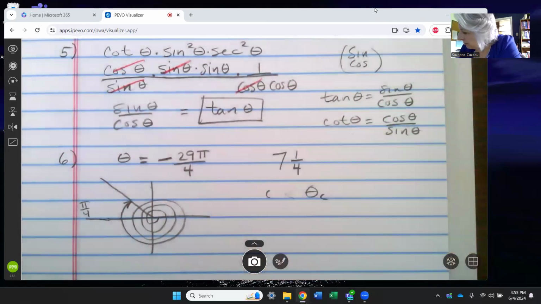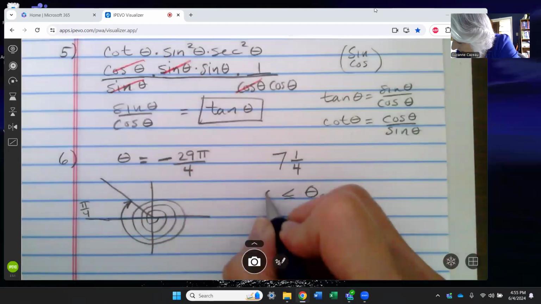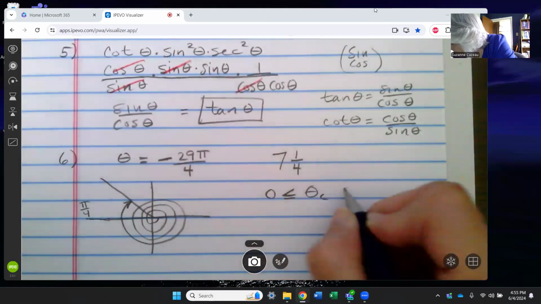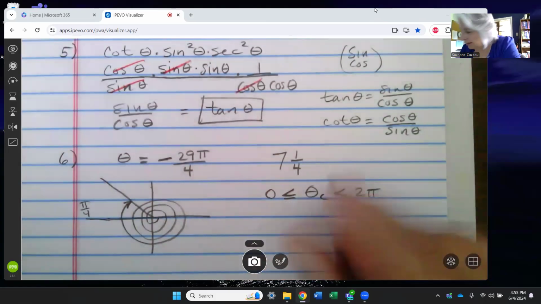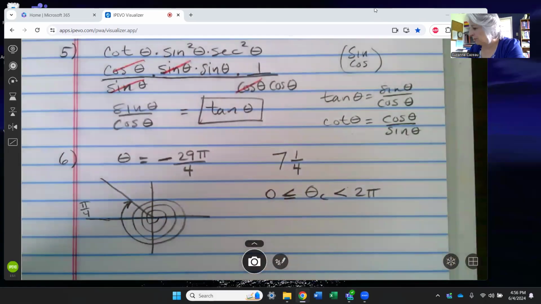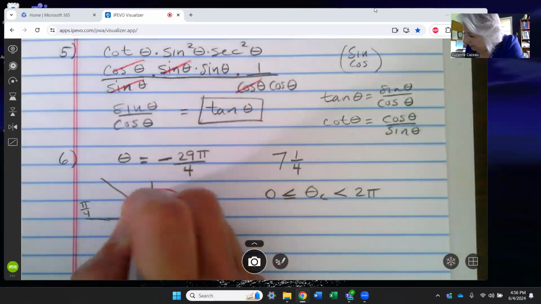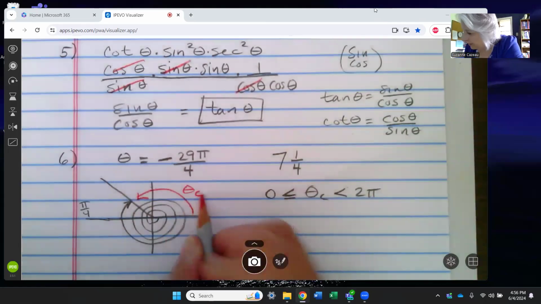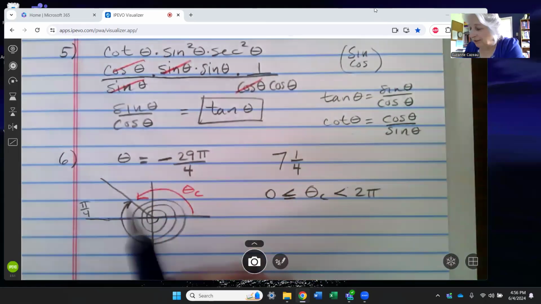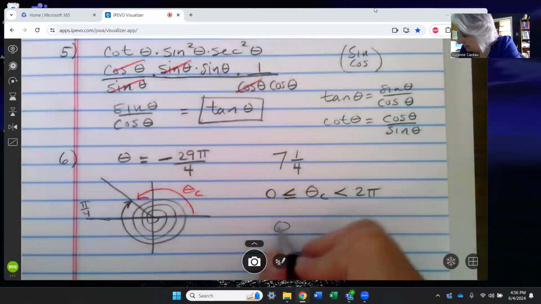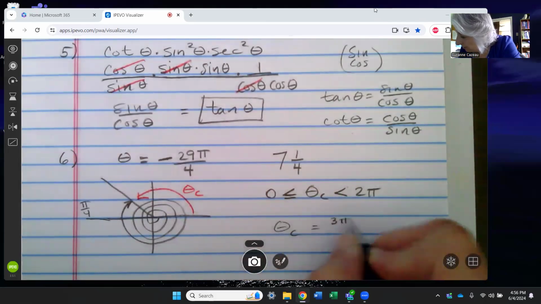This should be like or equals 0 to 2 pi. Okay, it's the one that's between 0 and 2 pi. So that's going to be from here to here. That is theta sub c. So what is that? Well, if this is pi over 4 in here, then this is going to be 3 pi over 4 over here. So theta sub c is 3 pi over 4.